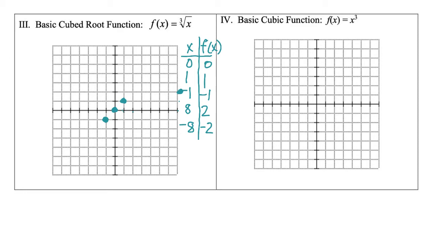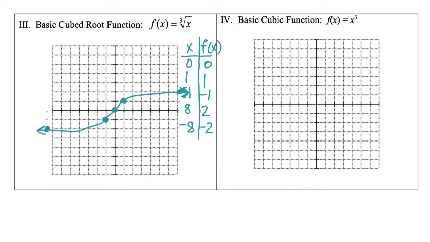And then we have to go back 8 and then down 2. So somewhere back in here. And then connecting those with that basic shape. I'm going to put a negative up there.